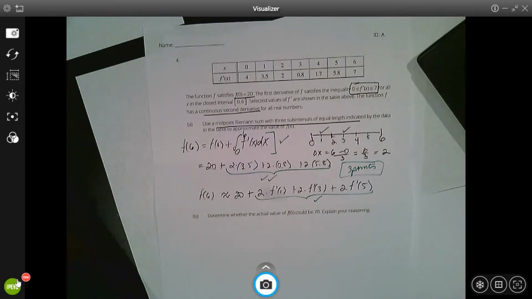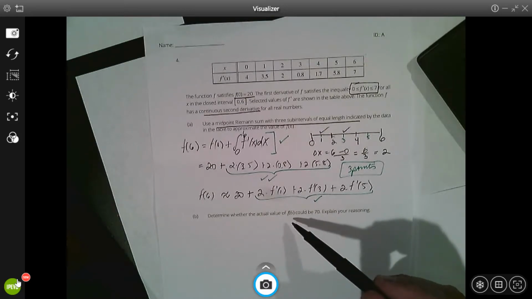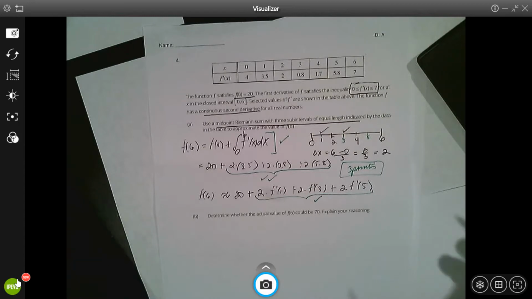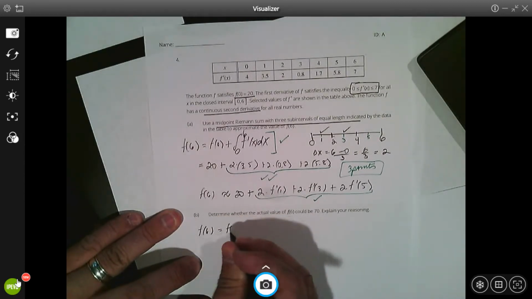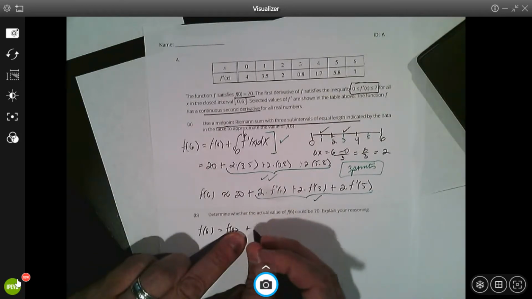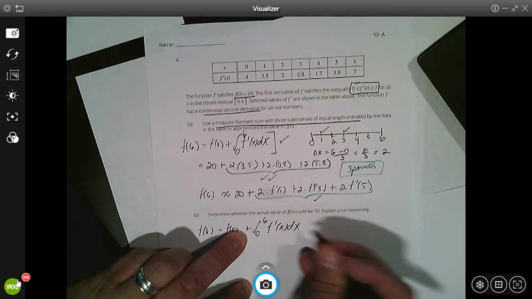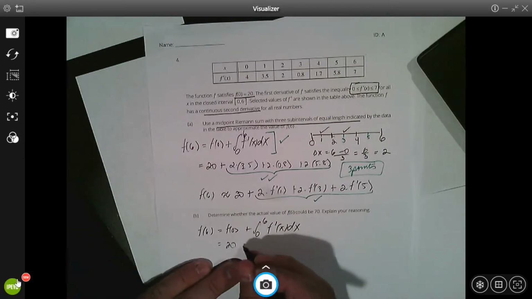Okay, part B says determine whether the actual value of f of 6 could be 70 and explain your reasoning. Well, what do we know? We know that f of 6 is equal to f of 0 plus the integral from 0 to 6 of f prime of x dx. We know that f of 0 is 20.